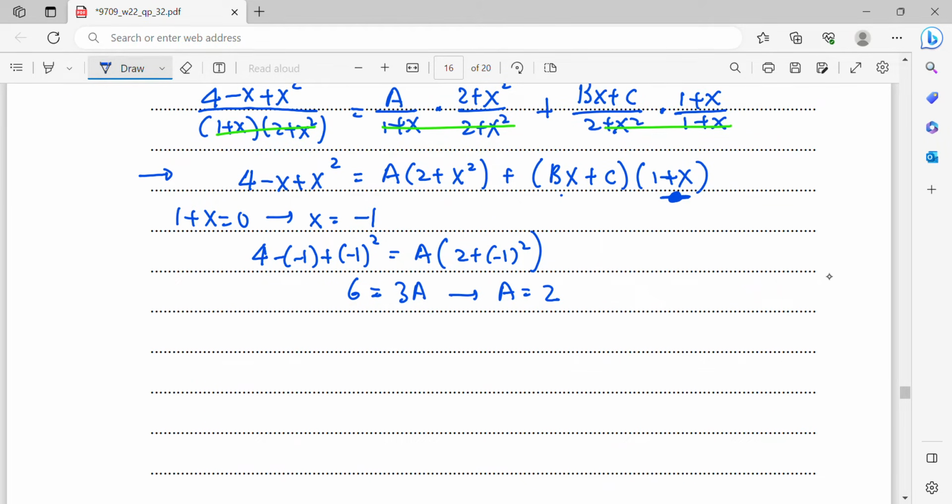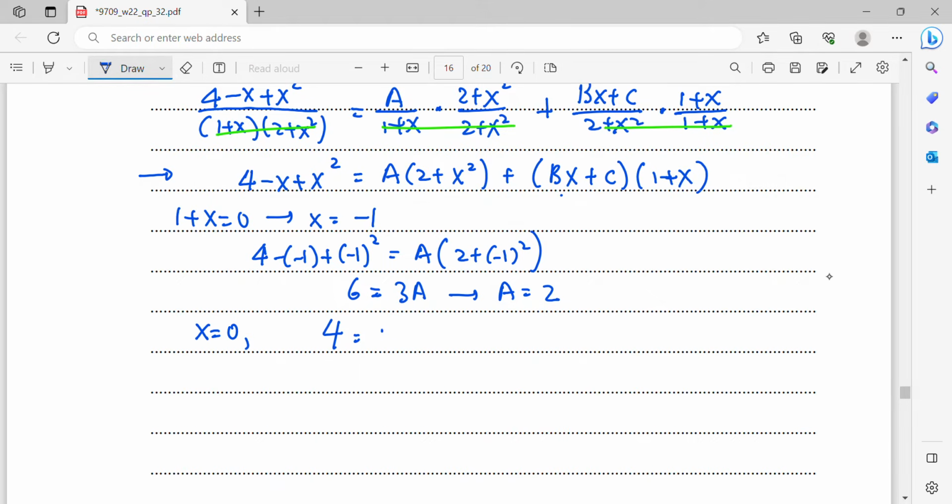Next, we supposed to let this 2 plus x squared be 0, but it will not be 0 all the time because x squared is non-zero. I mean, x squared is always 0 and above, so when you plus with 2, it will be 2 and above. So now what to do is, we let x be any other values. Let it be 0. When I let x be 0, my left hand side will be 4 minus 0 plus 0, it is a 4.